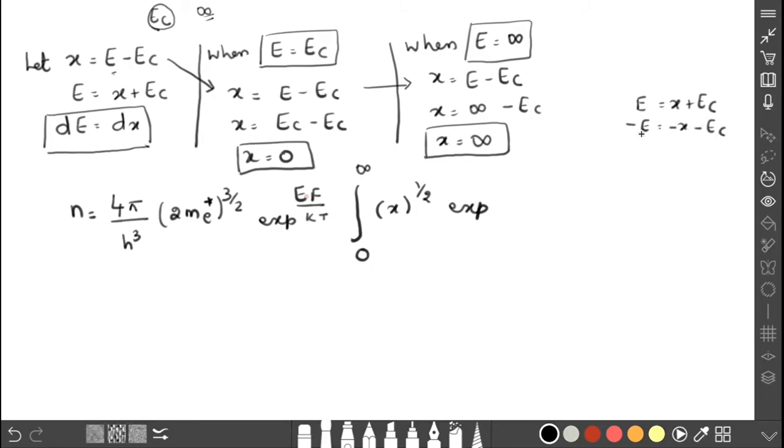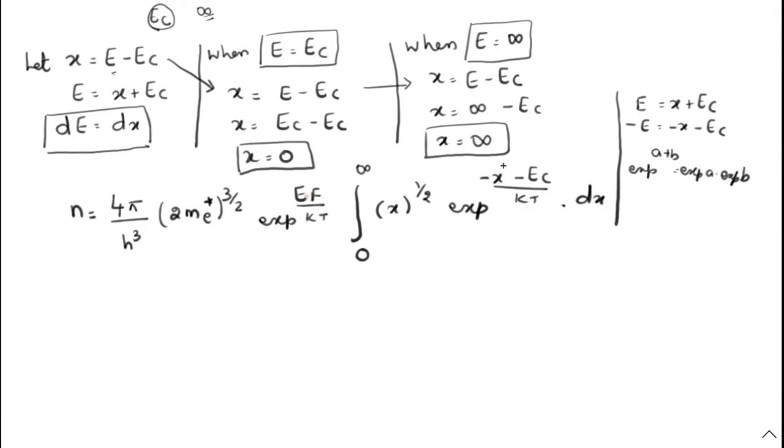So here I can write exponential of minus x minus EC divided by KT, and instead of dE I write dx. Again we use the formula exponential of A plus B is equal to exponential of A into exponential of B.